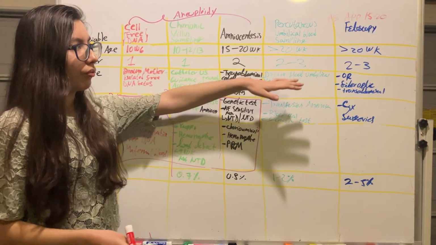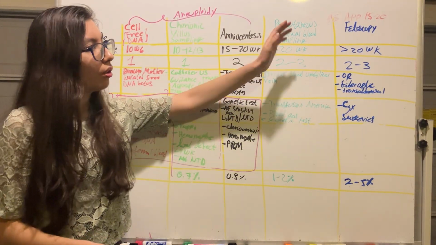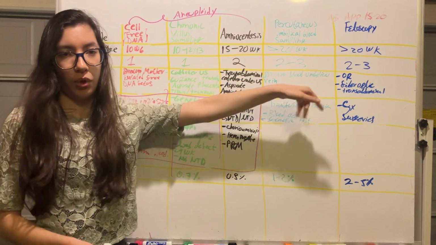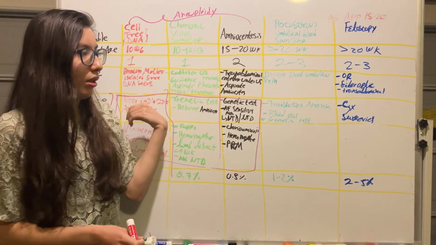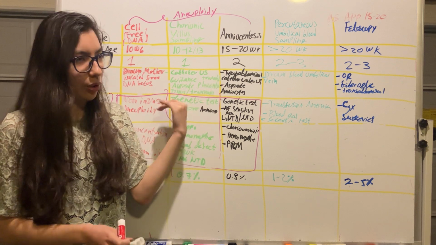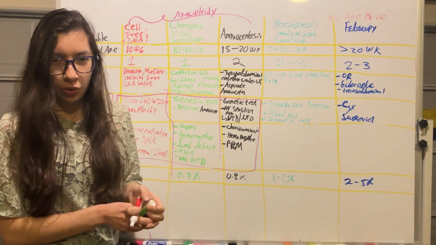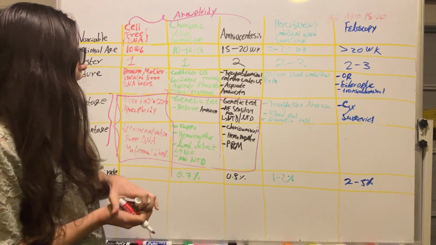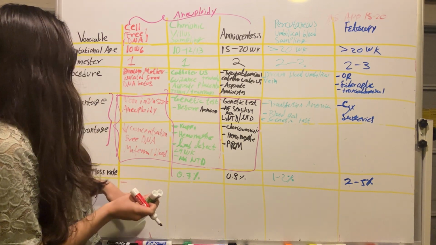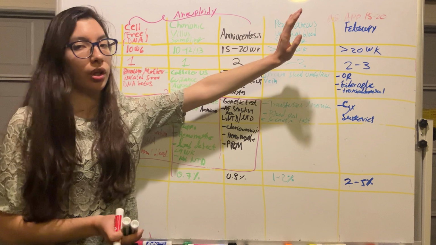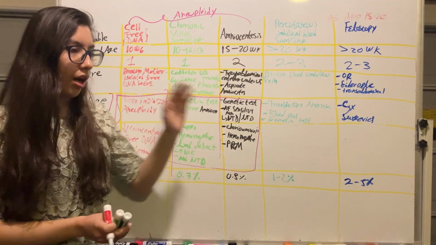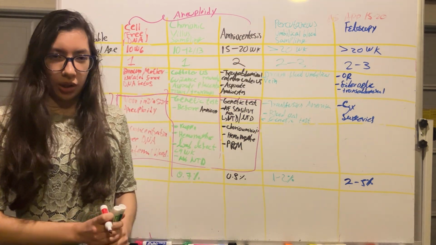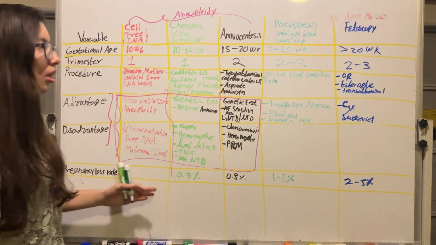But also the quadruple screen is done 15 to 20 weeks. There are also some tests we can do between 10 to 14 weeks, for example, pregnancy associated plasma protein. But normally the cell-free DNA is done after quadruple screen and after anatomic ultrasound sometimes.